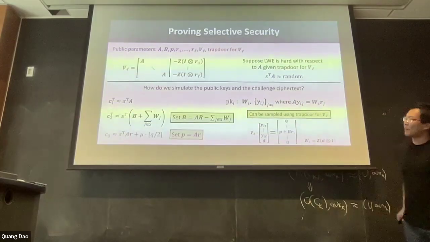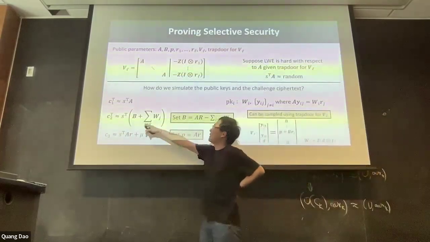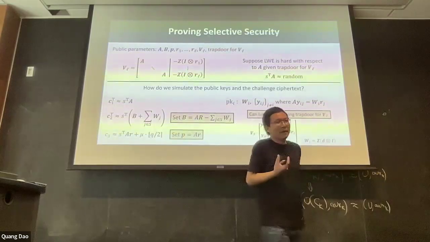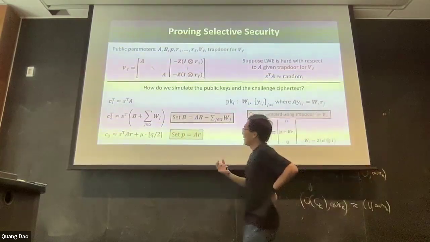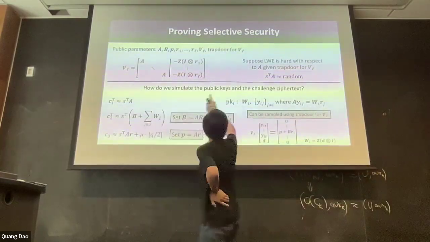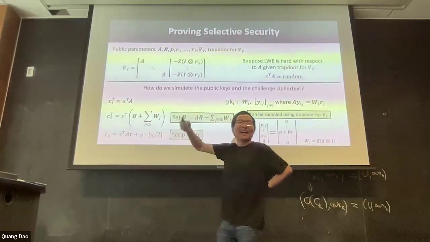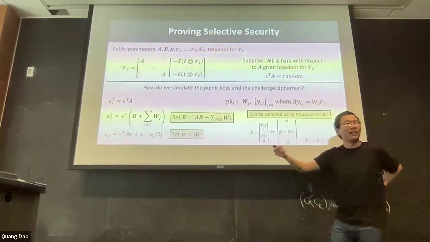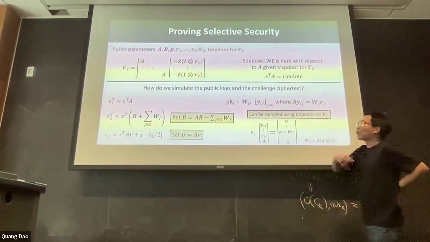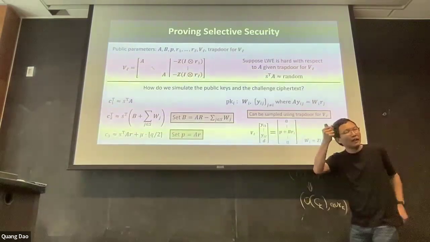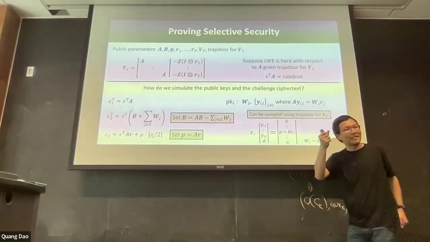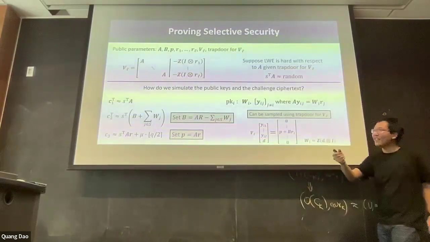How am I going to simulate S times B plus this sum? This is a little bit annoying, because all we have is S times A. So we want to express this whole thing as A times something short that we control in the reduction. So what we're going to do is program the set. Here we're really going to rely on the fact that we're looking at selective security, so the adversary tells us which set it is.